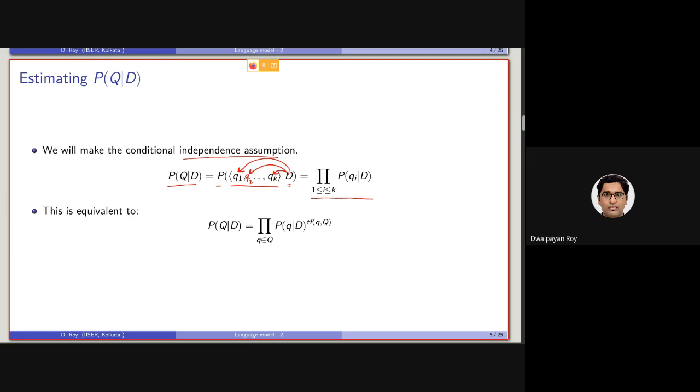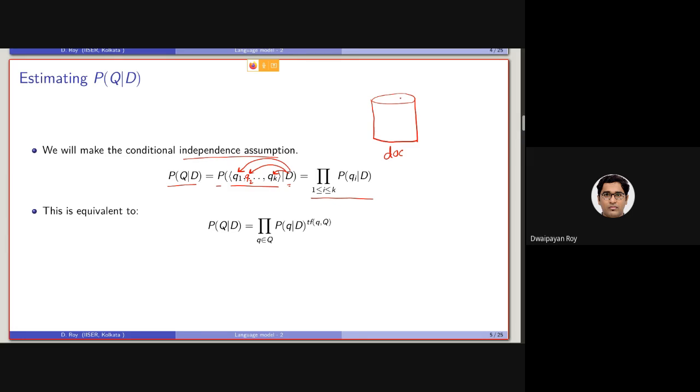Individually, all the query terms are being sampled from the document that is being computed. So if I draw the urn again, which is basically the document, and there are multiple terms in it, this is the document.